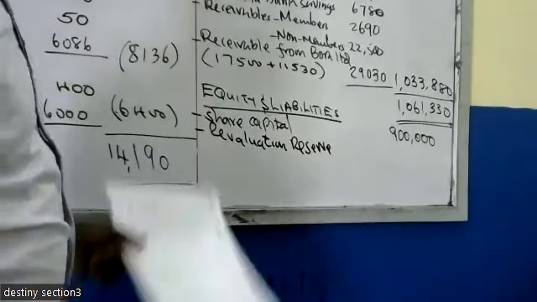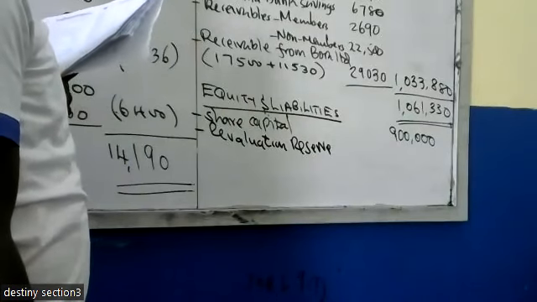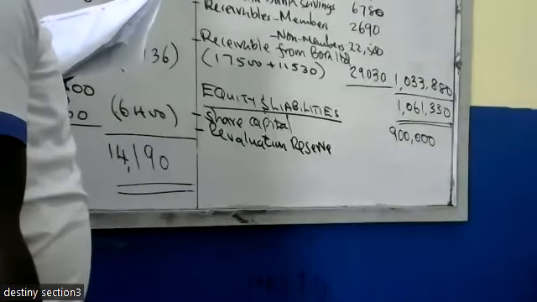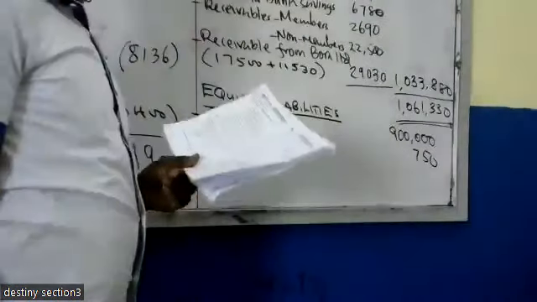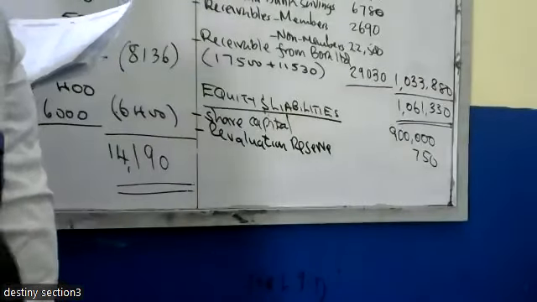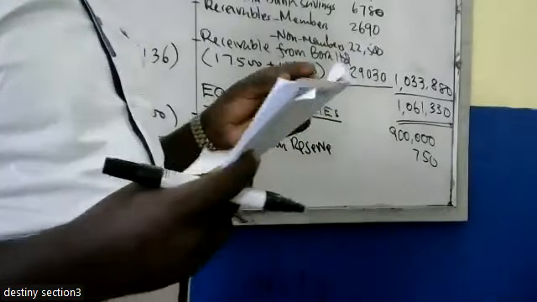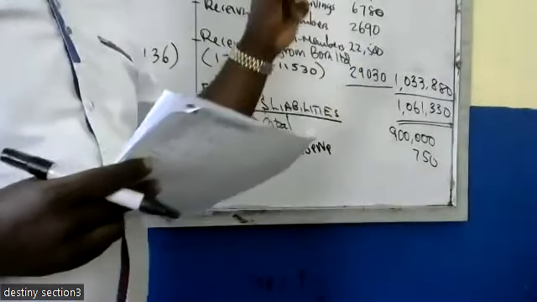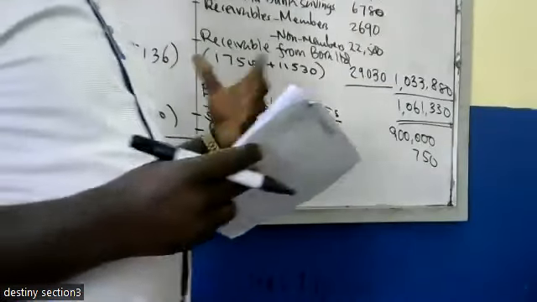Revaluation reserve, how much is this? 750. I hope there was no other revaluation in the notes. So 750. Then we have the appropriation account. Appropriation account is the retained earnings.